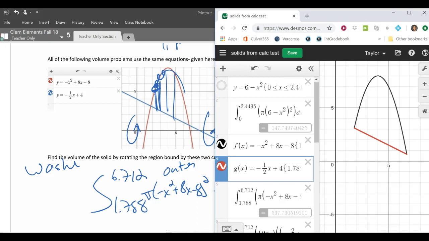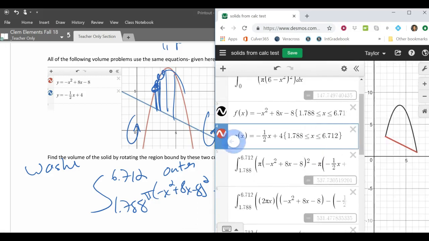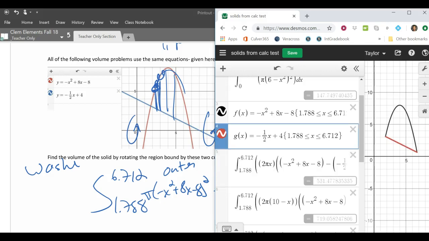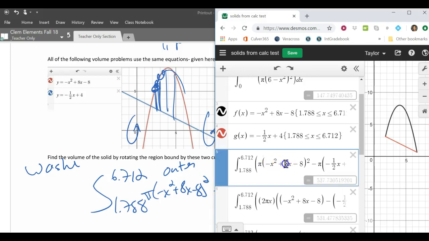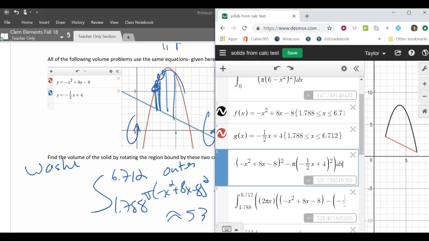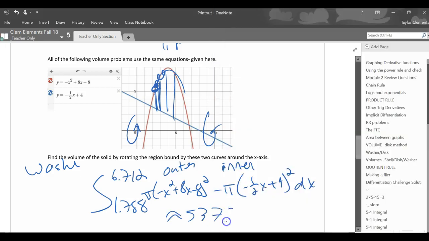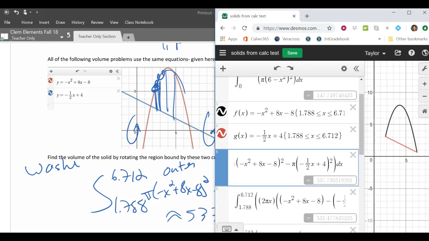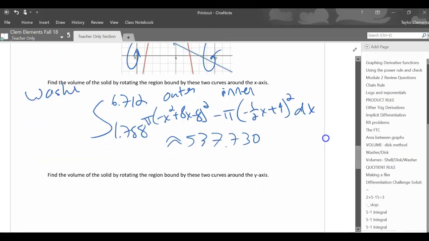I think I've already worked that one out right here. So pi r squared minus pi r squared, about 537.705. Cool.